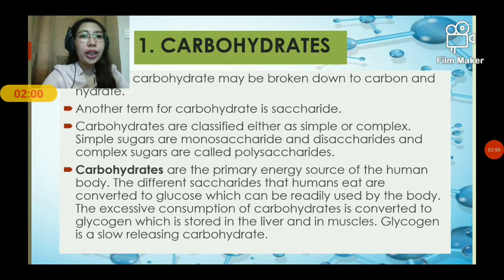Carbohydrates are the primary energy source of the human body. The different saccharides that humans eat are converted to glucose, which can be readily used by the body. The excess carbohydrates are converted to glycogen, which is stored in the liver and in muscles. Glycogen is a slow-releasing carbohydrate.